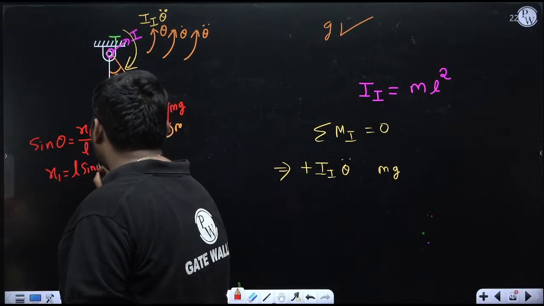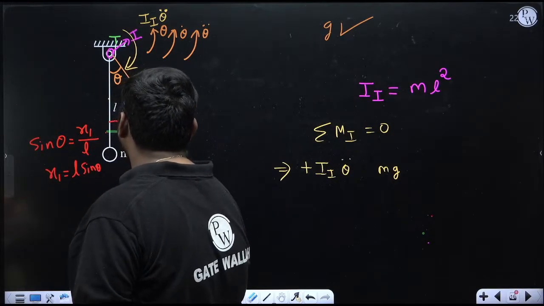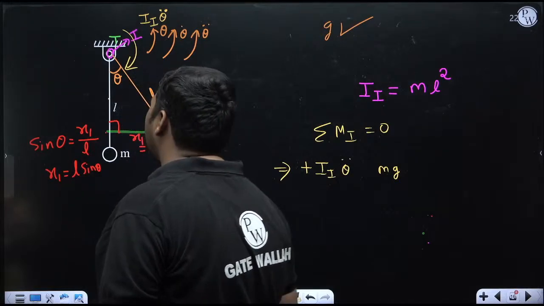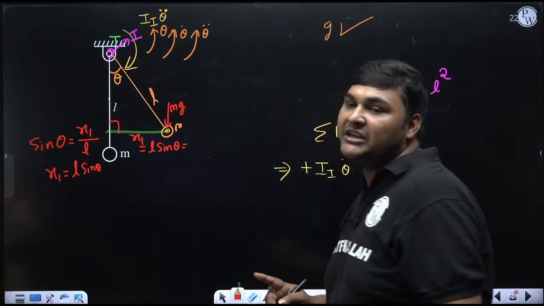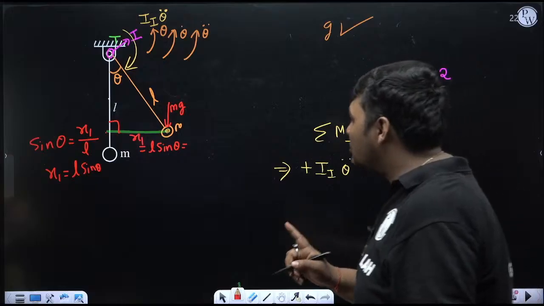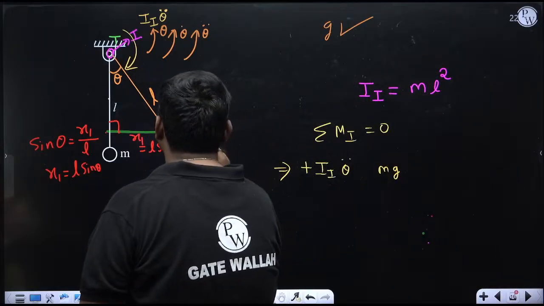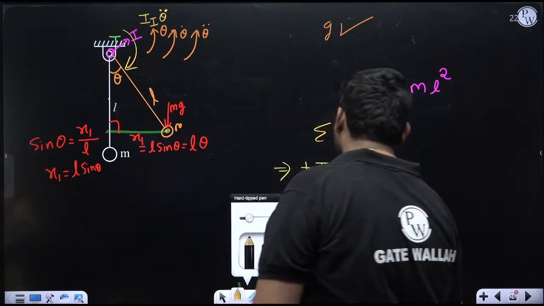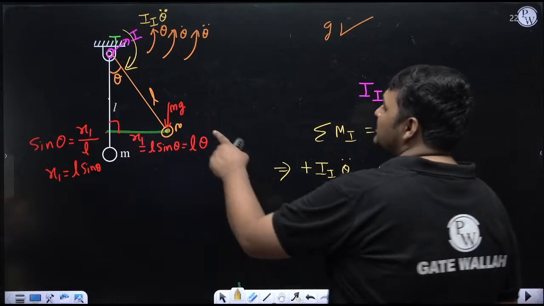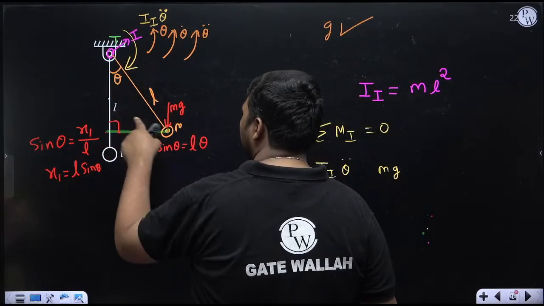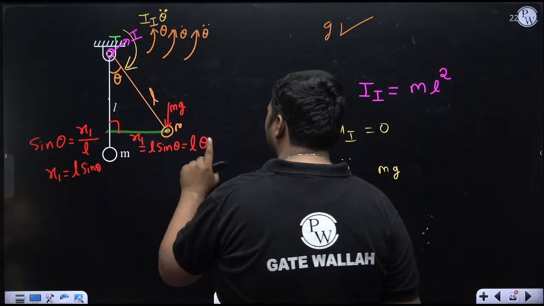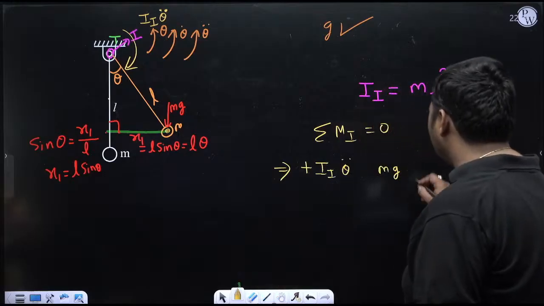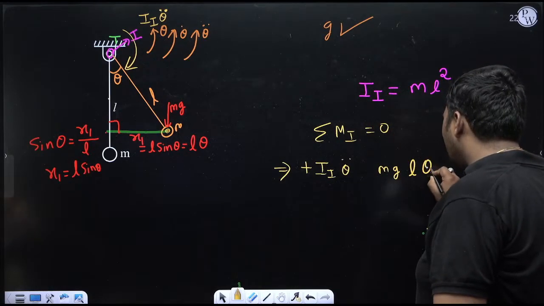So can I say here this distance is L sine theta? But again, for small oscillation, can I say sine theta will be theta, because theta is a displacement which is very small. So sine theta will be theta. So for a small oscillation, we can write this as L theta. So the perpendicular distance of this point force from the hinge is L sine theta. For a small oscillation, it will be equal to L theta.